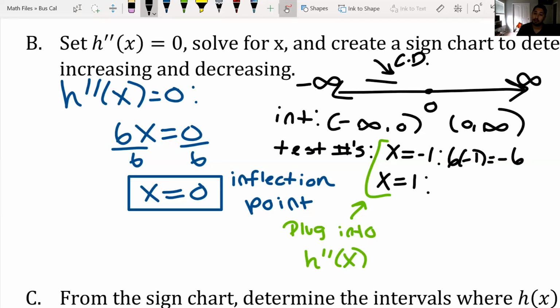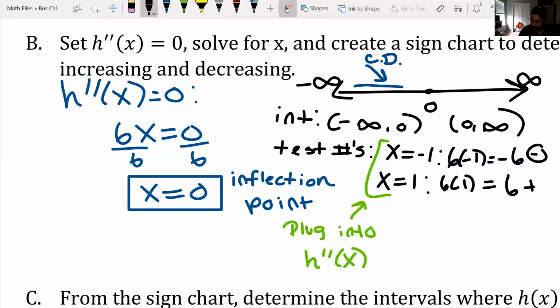Okay. And then, maybe I can write that neater, right? Let's see. We're going to be negative, decreasing, and concave down. And then, plug in 1. 6 times 1 gives me 6. So this is positive, right?